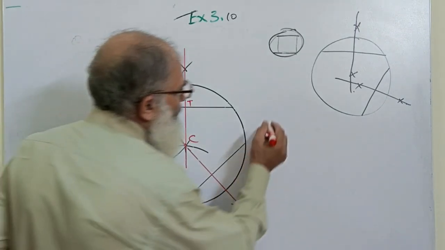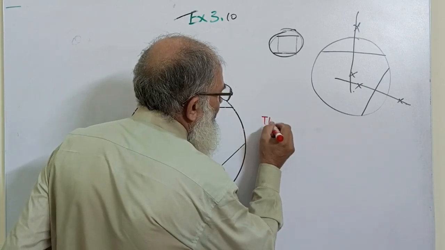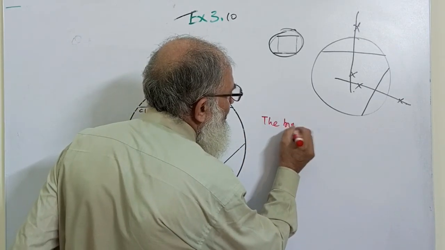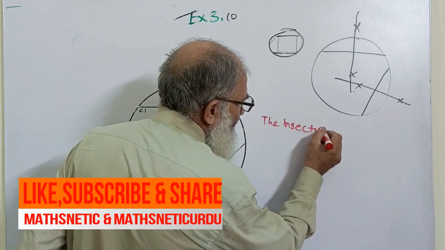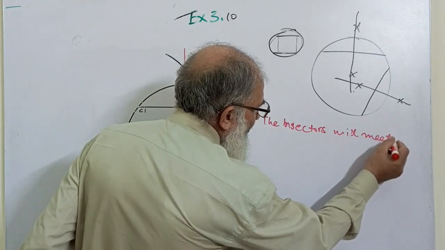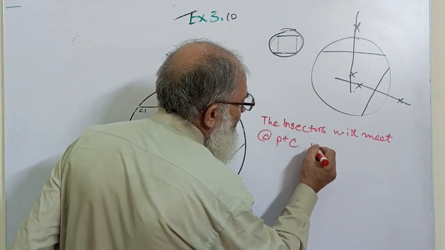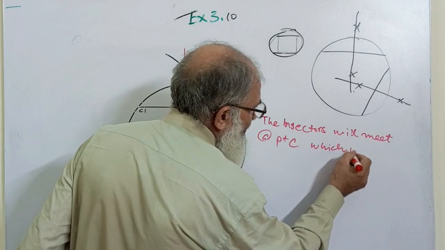This is our result, that these bisectors will meet at point C, which is the center of the circle.